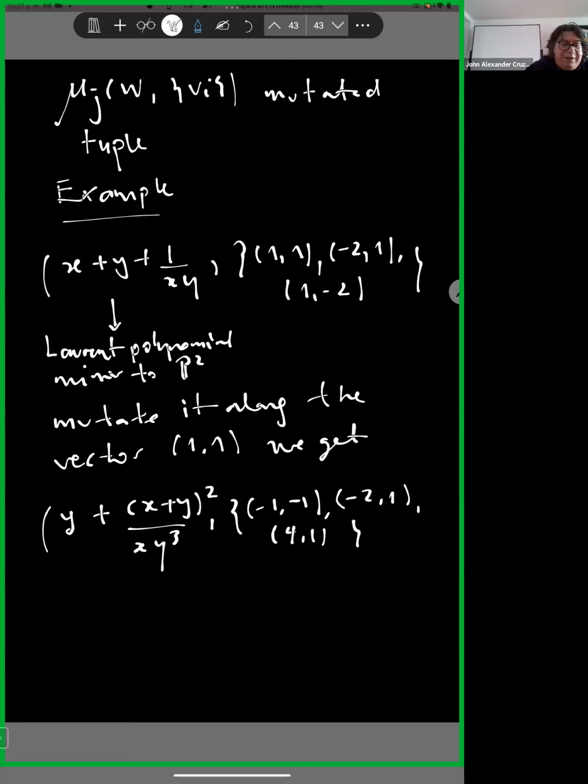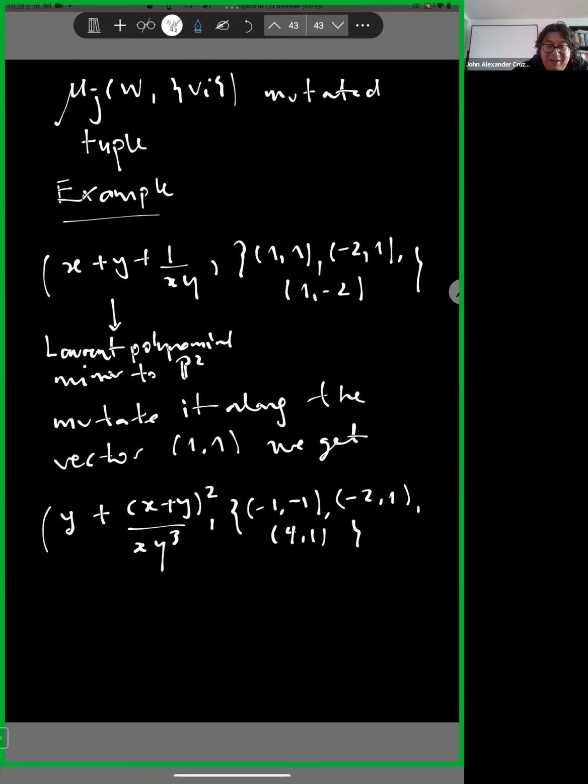I will come back to this, but there is something very interesting in this example. You can do the exercise of mutating not in (1, 1), but in (-2, 1) and (1, -2). You get another Laurent polynomial and another collection.